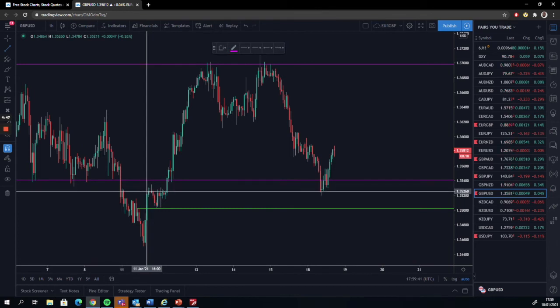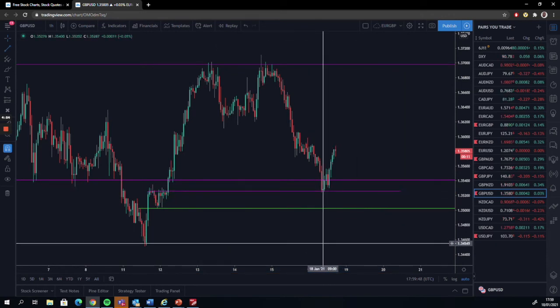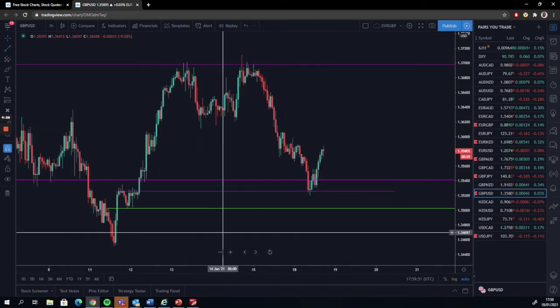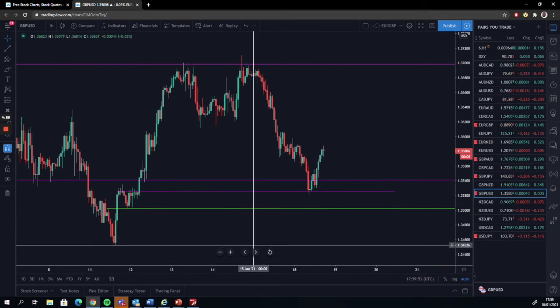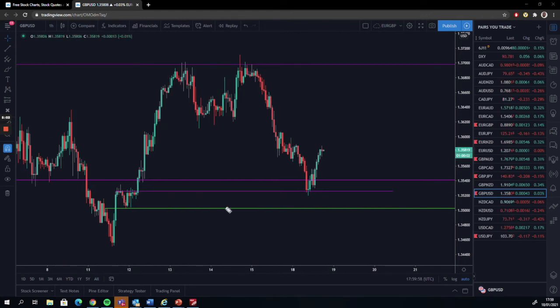It has also come off a previous support area, i.e. a buying climax. As you can see, this area was the breakout area. We've tested it once, tested it twice, broke through below, and now we're rallying above. So where do I potentially want to target on GBP USD?